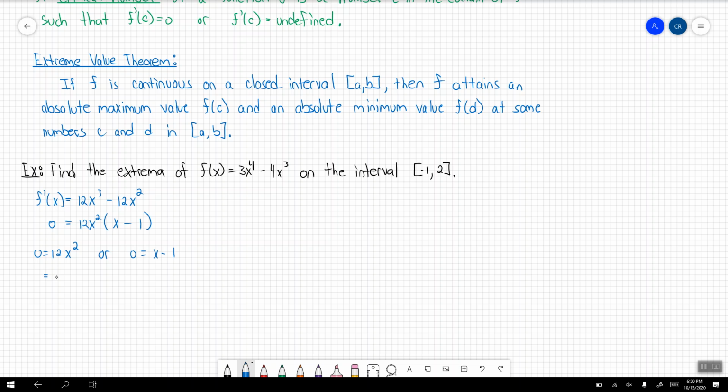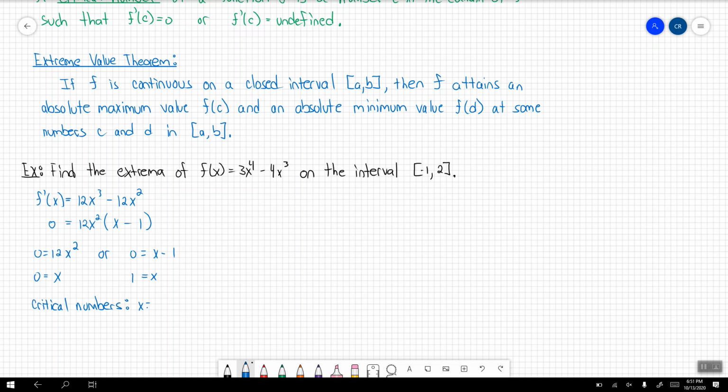This gives me that x is 0, or x is equal to 1. So we get these two different values, and these are the critical numbers that we're looking for. So these are your critical numbers. Yay.